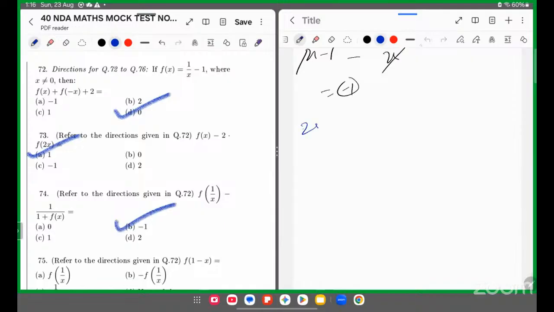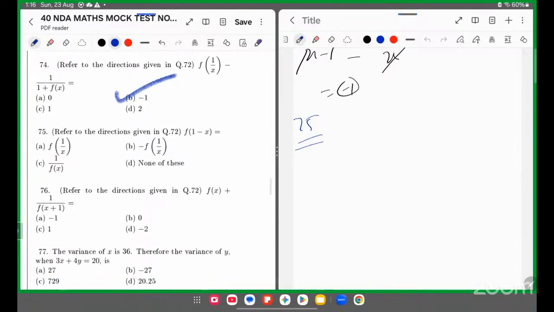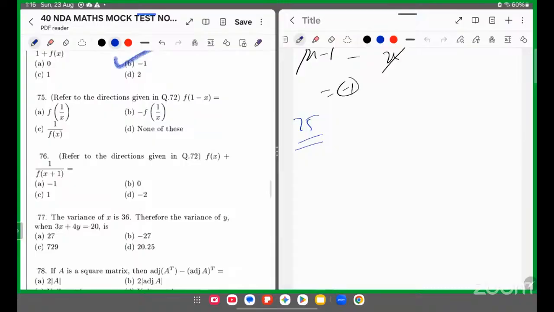75. Refer to the direction f of 1 minus x. f of 1 minus x means I can write 1 by 1 minus x minus 1.